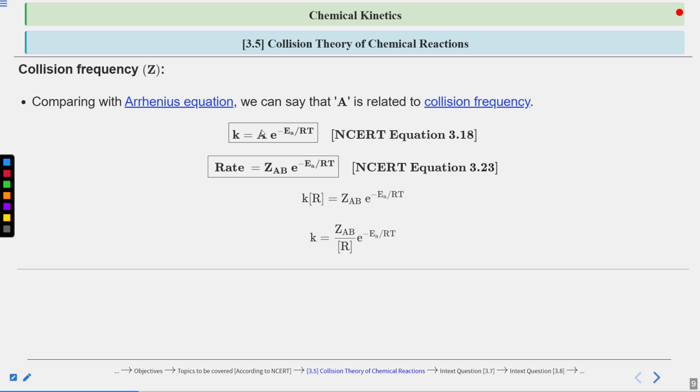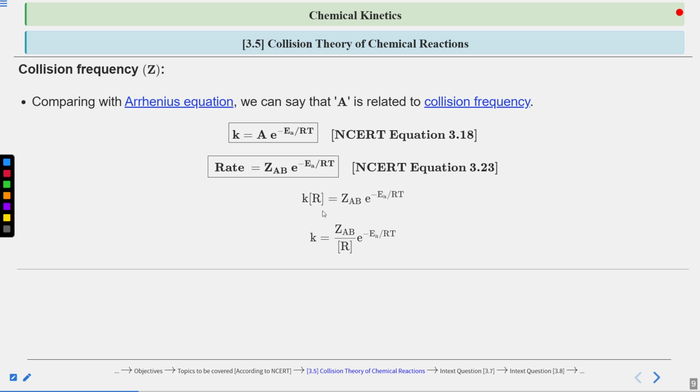A is replaced by ZAB, and the rate is given by K multiplied by the reactant concentration. The only remaining thing is the reactant concentration present in the rate. So both equations look alike, which is why we are comparing them.